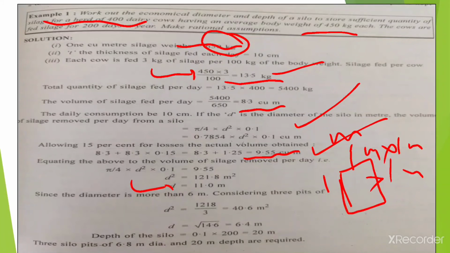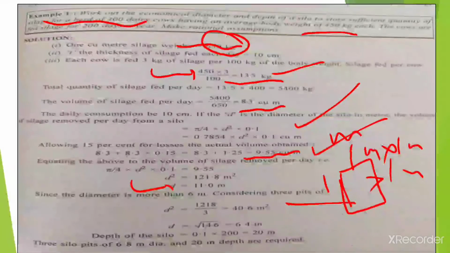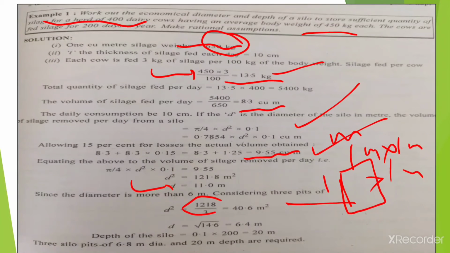Now since the diameter is more than 6 meter, we consider 3 pits. The maximum diameter of the pit silo should not be more than 6 meter, so the maximum diameter is up to 6 meter.